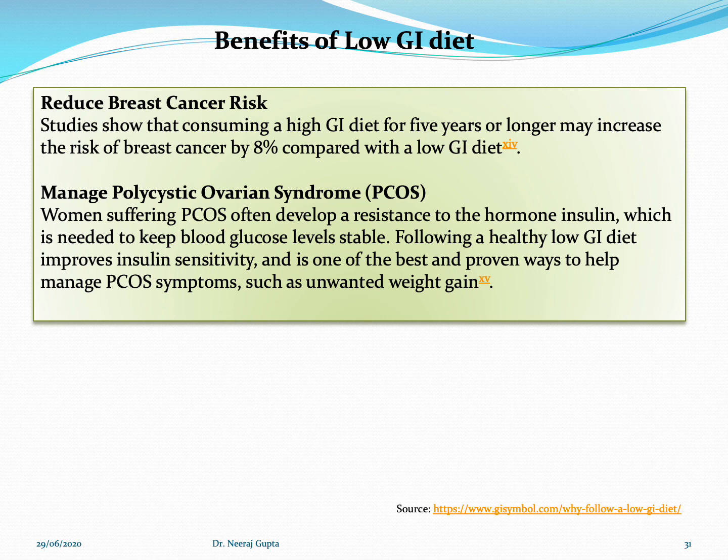Similarly, in the management of polycystic ovarian syndrome, women suffering from polycystic ovarian syndrome often develop a resistance to the hormone insulin, which is needed to keep blood glucose level stable. Now, following a healthy low GI diet improves insulin sensitivity and is one of the best and proven ways to help manage polycystic ovarian syndrome symptoms such as unwanted weight gain.